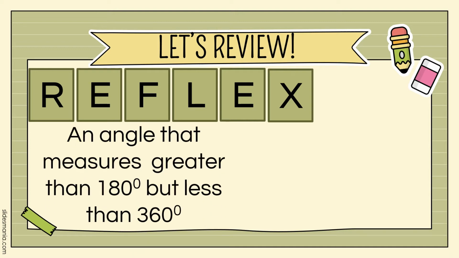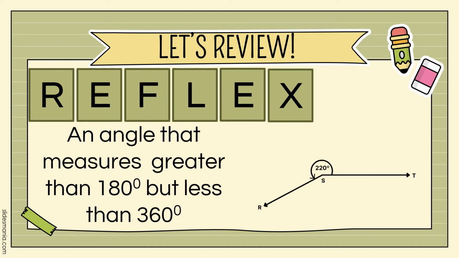Again, I repeat, reflex angle is an angle that measures greater than 180 degrees but less than 360 degrees. And it looks like this. It is always greater than a straight angle. Since we have 220 degrees as a measurement, that is already considered a reflex angle.